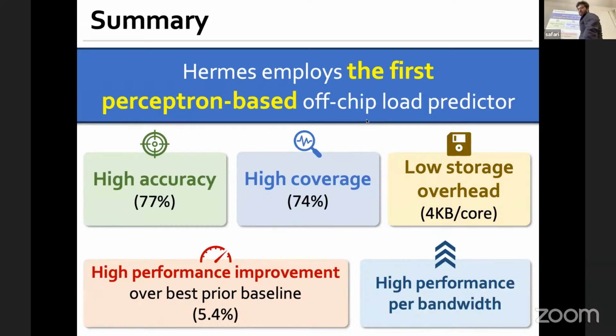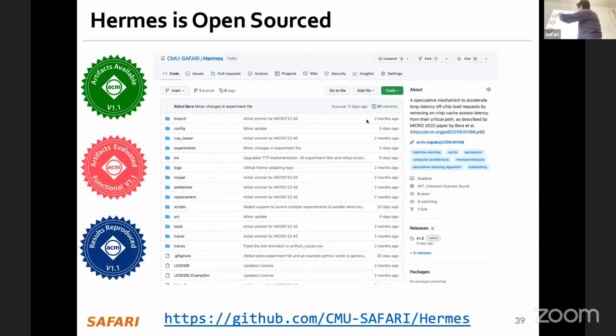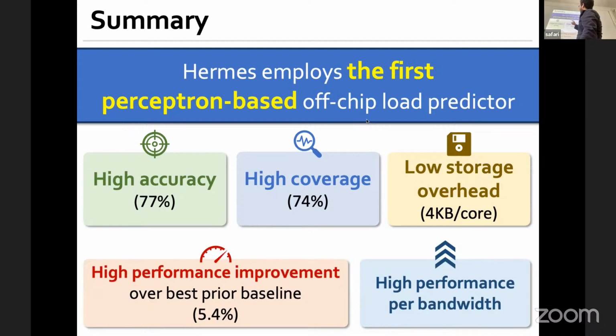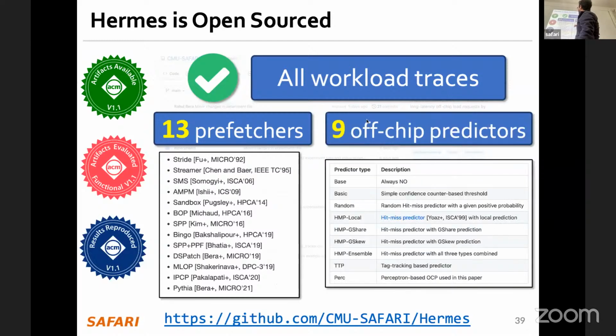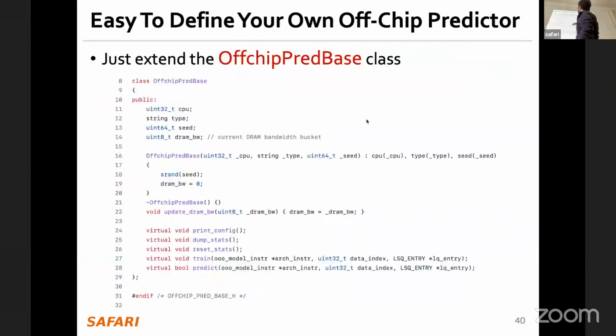That's what I mentioned. If you're interested, it's open source, and if you want to attack this part, say you want to make more accurate predictions and improve the accuracy, then definitely extend the code that we have. You can get all sorts of predictors and features out of the box.